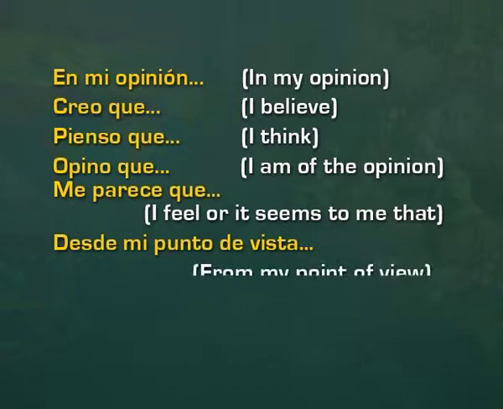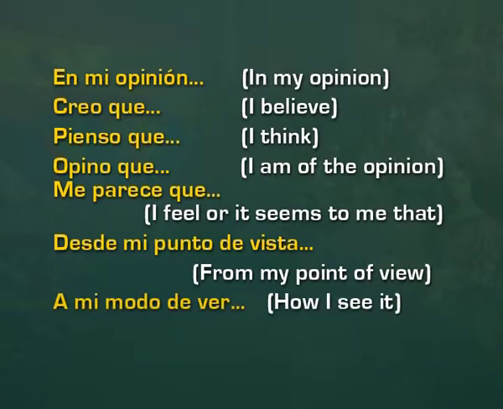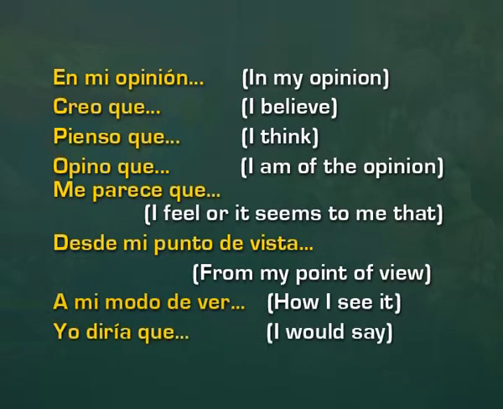Or, for example, desde mi punto de vista, which means from my point of view, or a mi modo de ver. Or you could also say, yo diría que, I would say that, and whatever you want to say. To express opinion to something that has been asked to, you will need phrases to begin with.